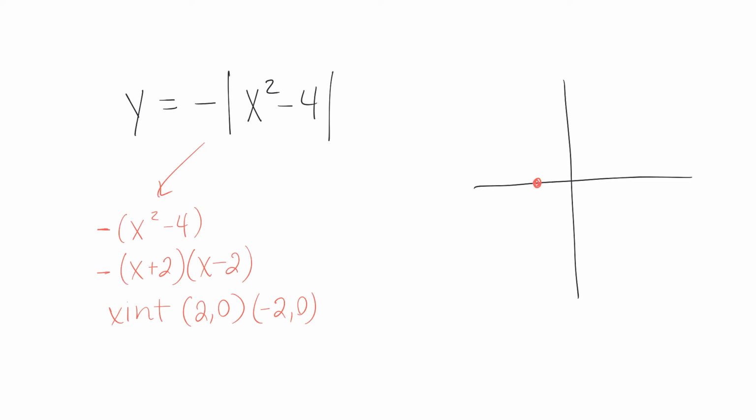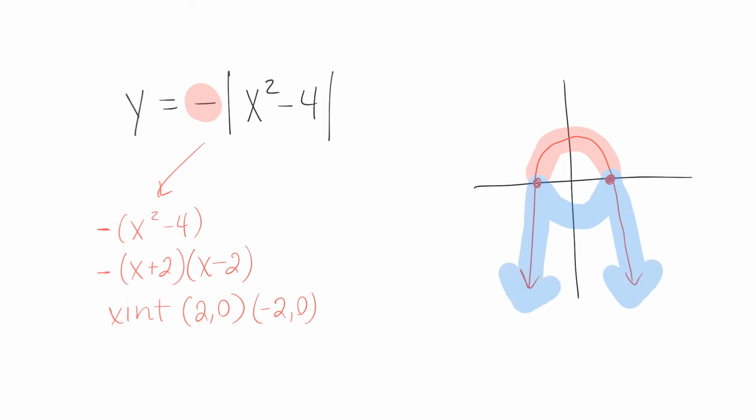So they're here and here. And without the absolute value, my function does this, right? But because it's absolute value, I'm going to take this whole positive part, because it's negative, and I'm going to drop it below and keep my original negative part. Does that help clear things up?